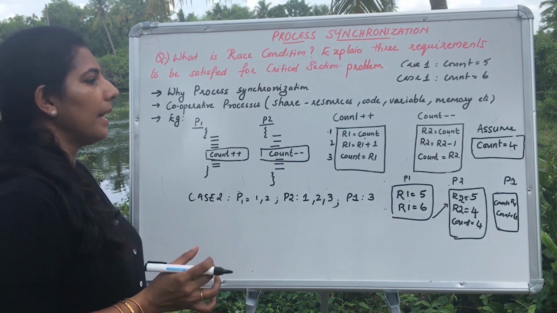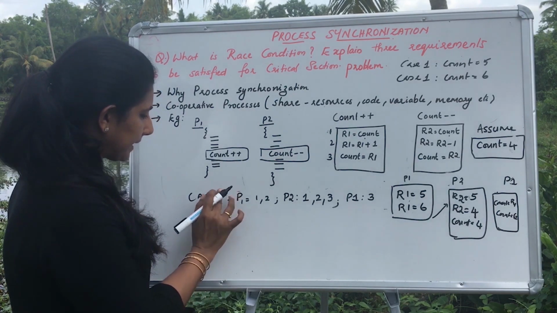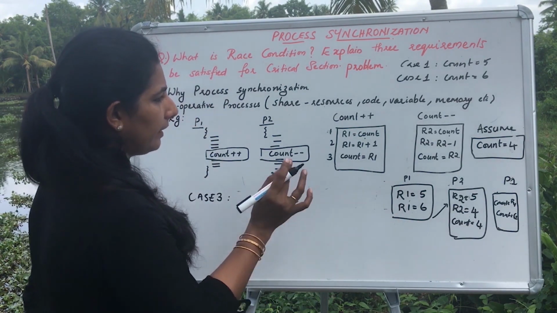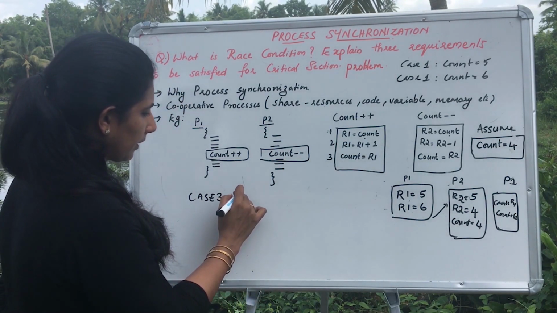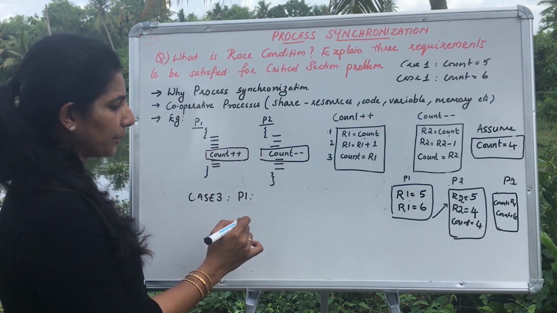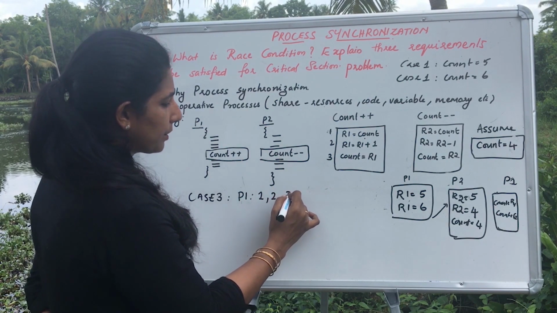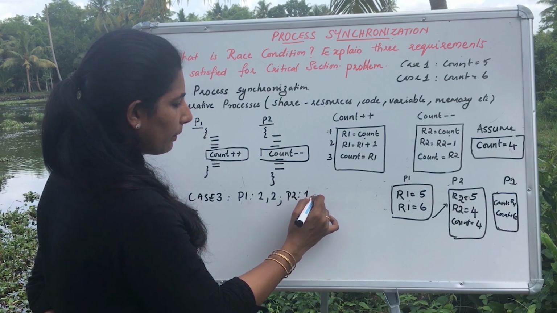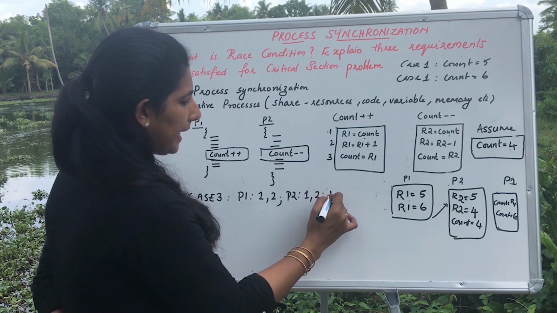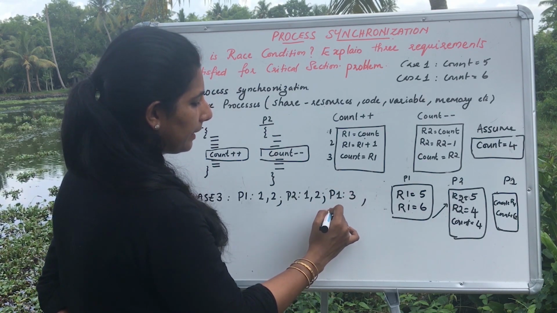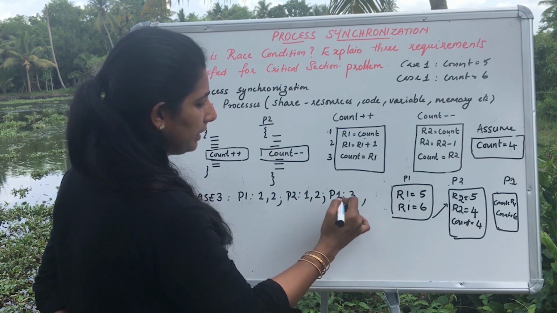So let me take the case 3, where I'll assume P1 is executing line number 1 and 2 as previous, P2 is executing line number 1 and 2, and again P1 is executing line number 3 and P2 is executing line number 3.